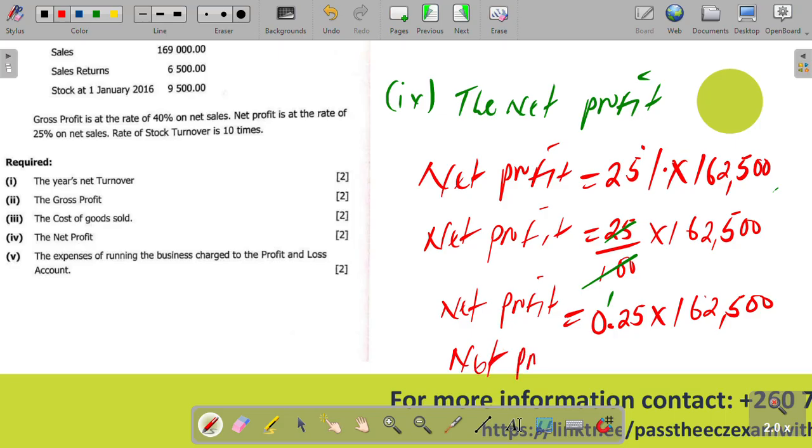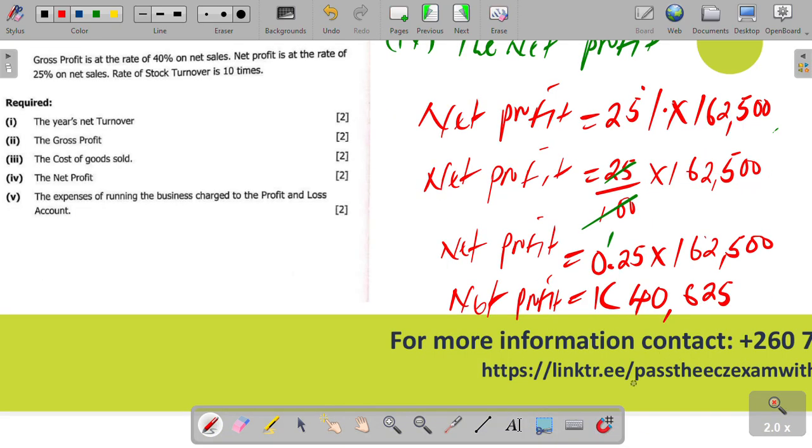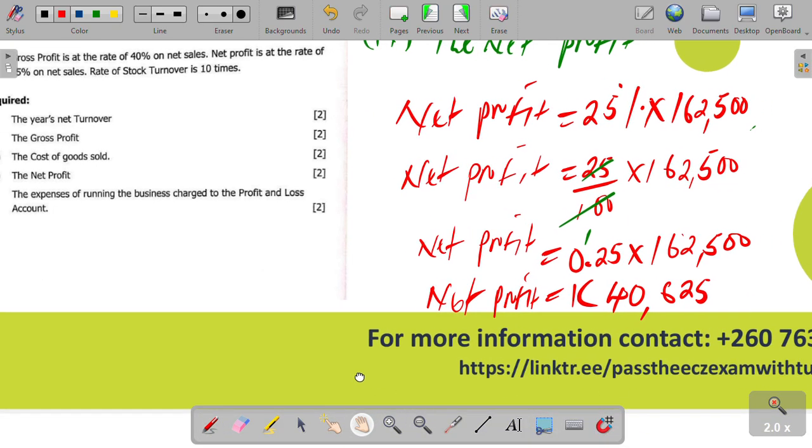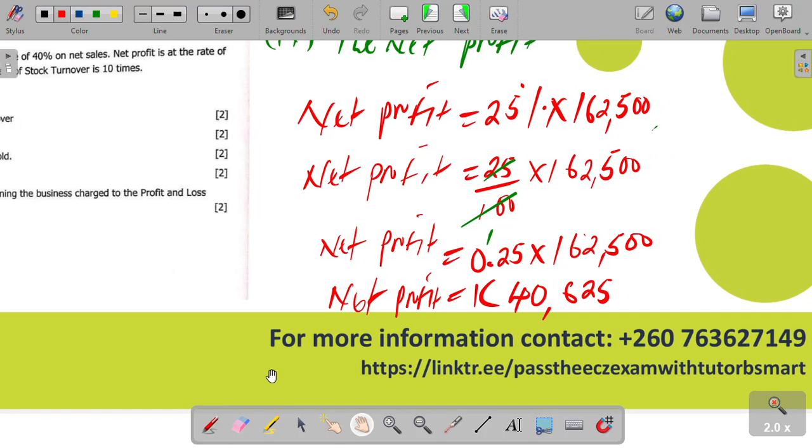Net profit is equal to, when we punch our calculator, our net profit will be 40,625 kwacha. So this here is our net profit.